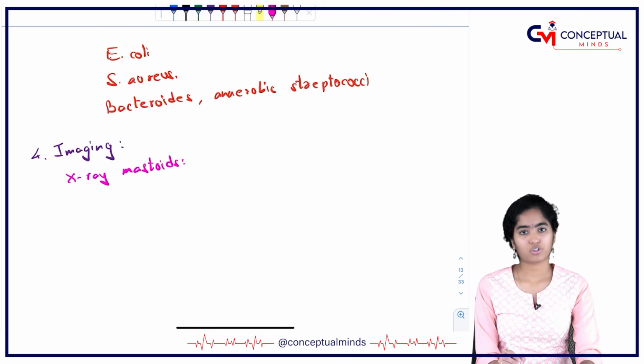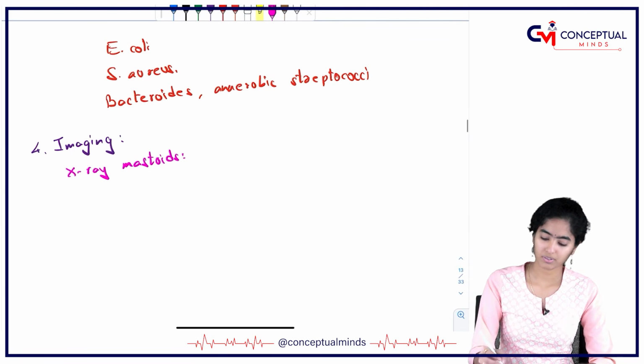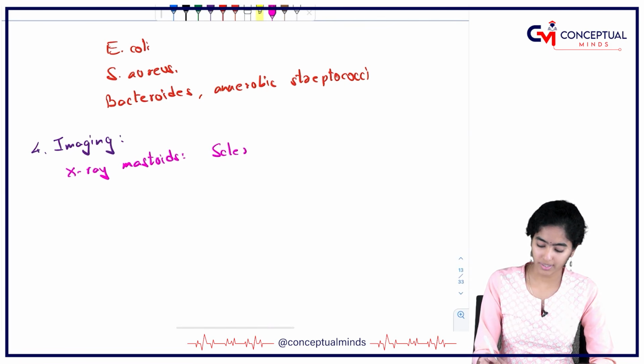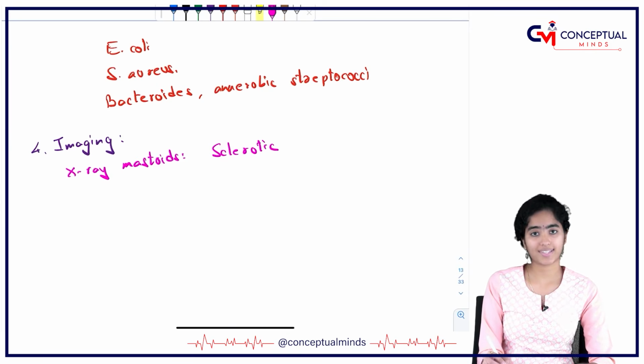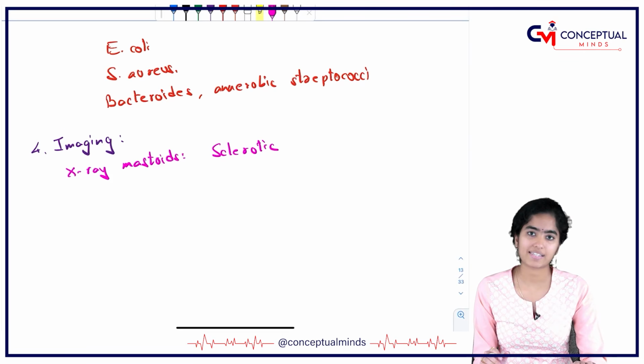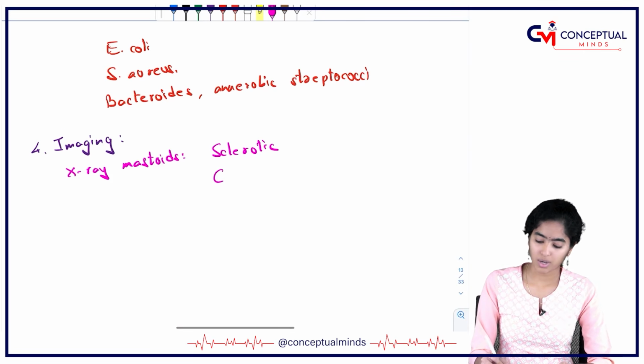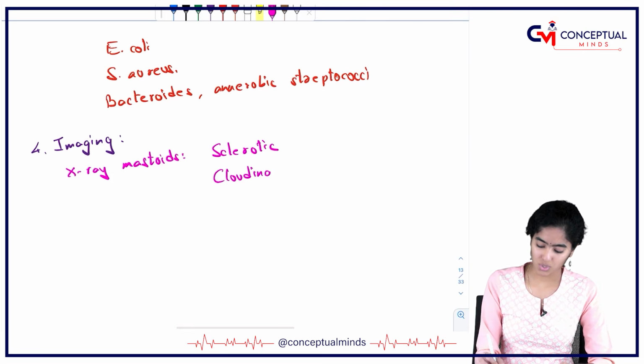When we see the condition of mastoid, we find that it is usually sclerotic. If at all it is pneumatized, we will find clouding of air cells in the mastoid.